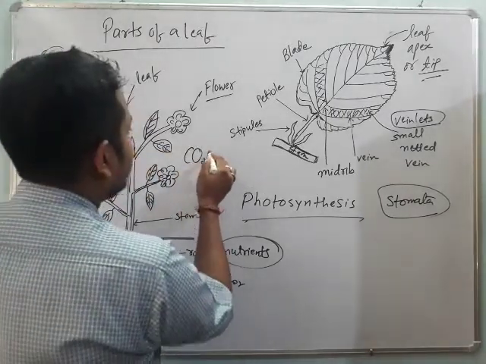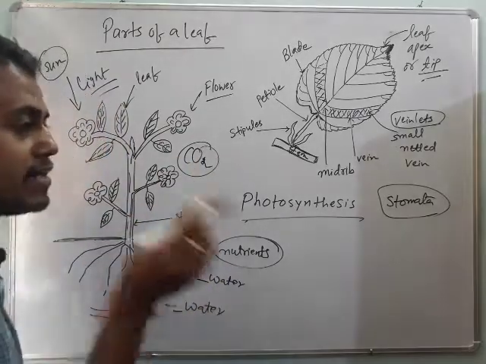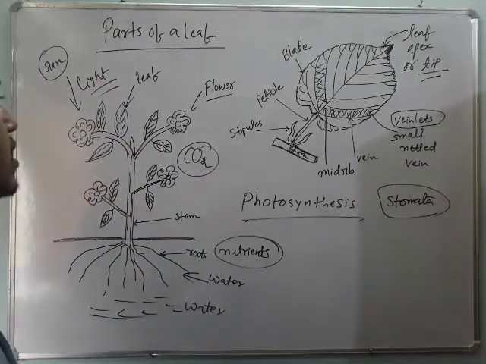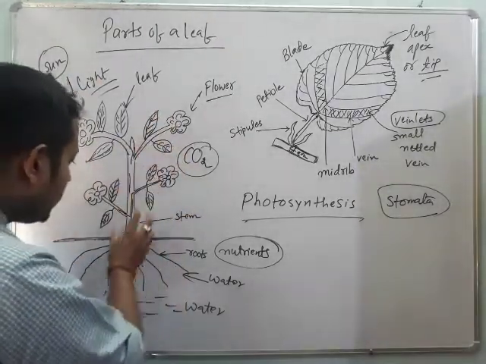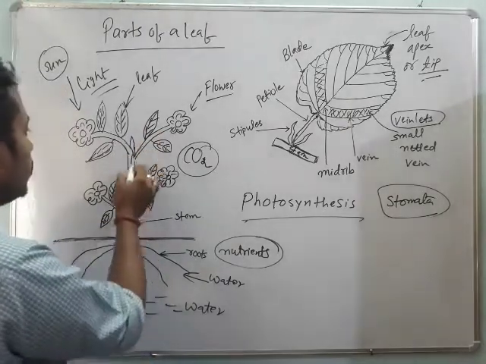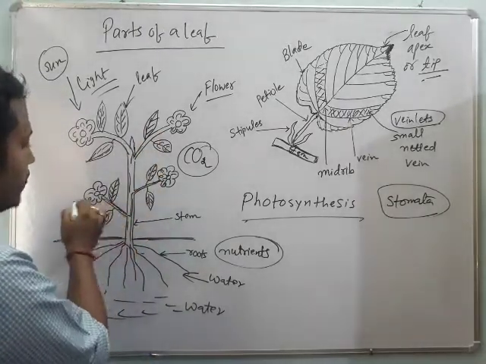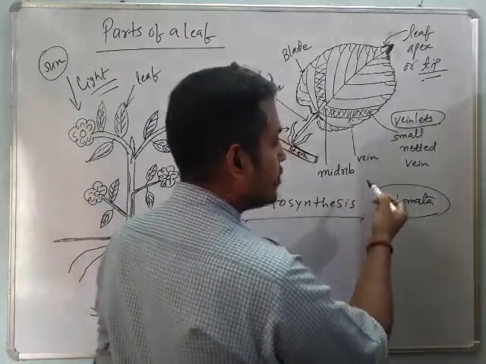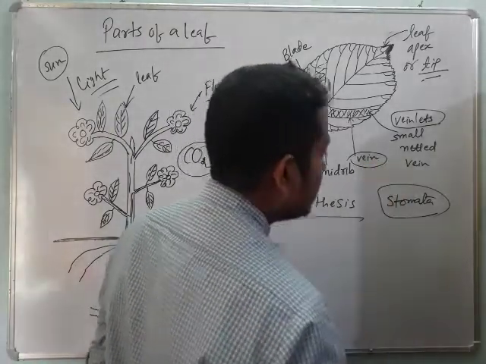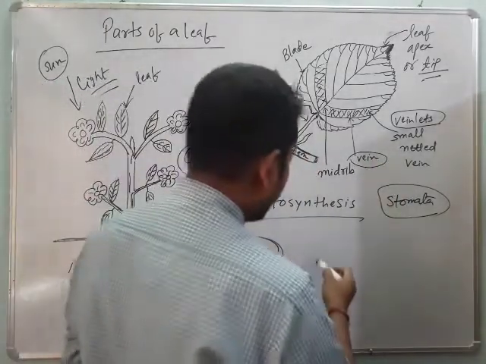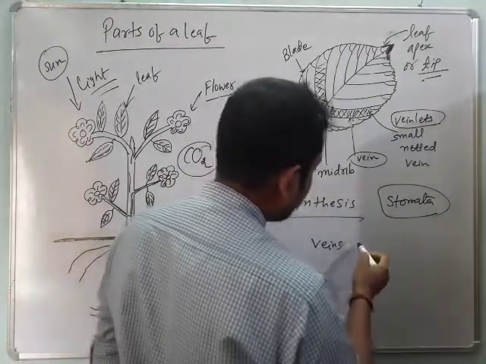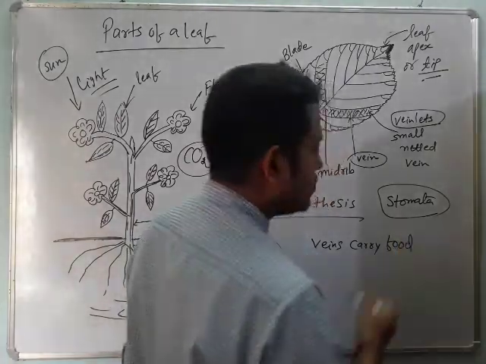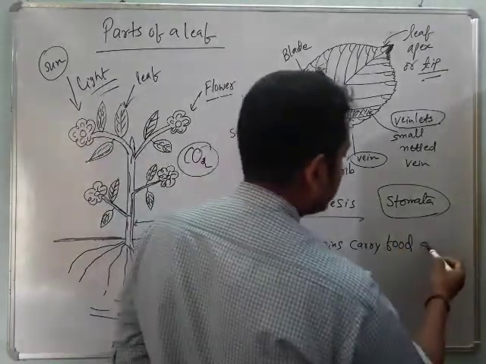This is the formula for carbon dioxide, and that carbon dioxide gives glucose to the leaves of the plant, and after that they supply food to every part of the plant. Here you see there is one word we call veins, right? What is the work of veins? Veins carry food and water.